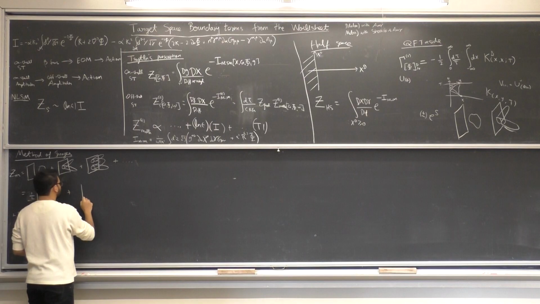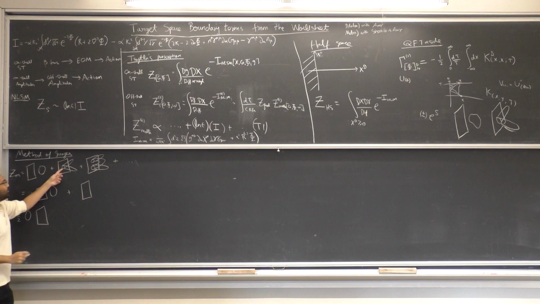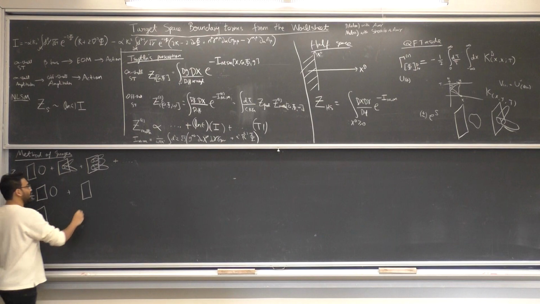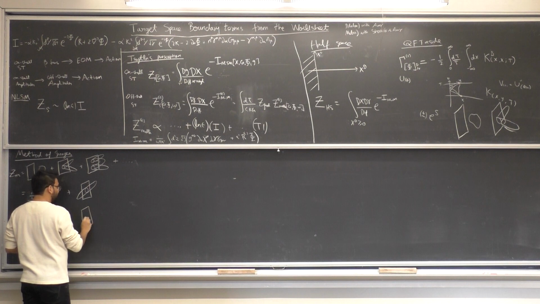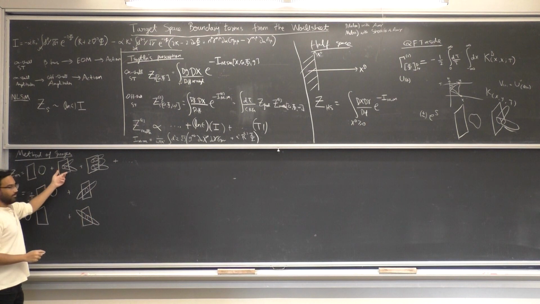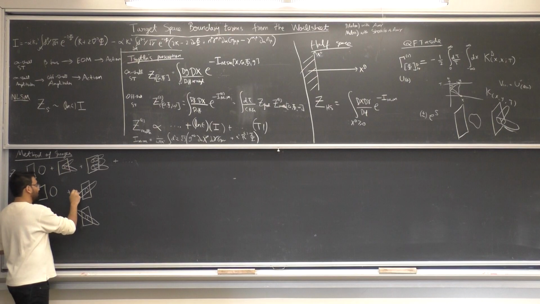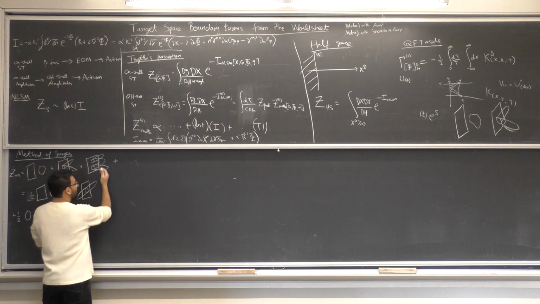Similarly, here you have the choice of either reflecting the bottom part or the top part. So you get two contributions in the extended space, the reflected space, which mathematically just equates to this. And similarly for this also.